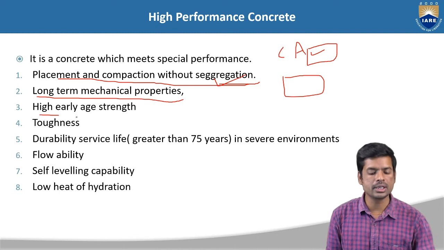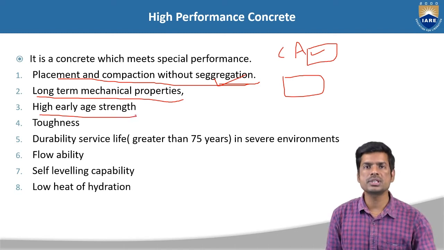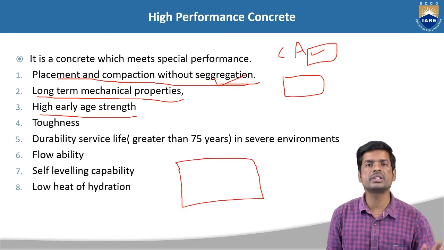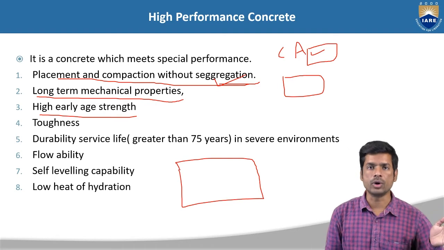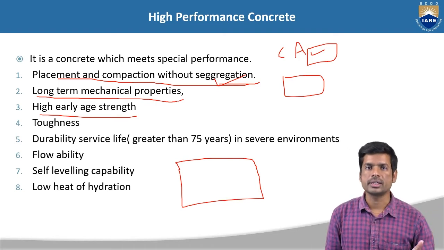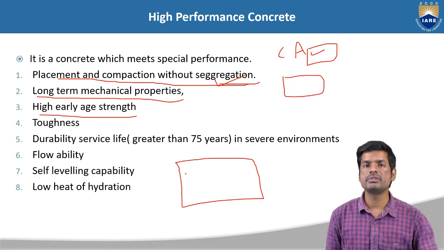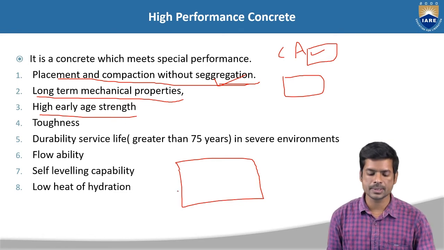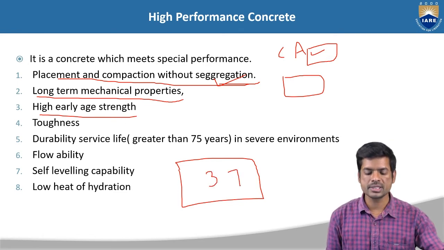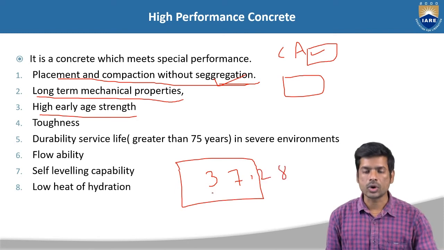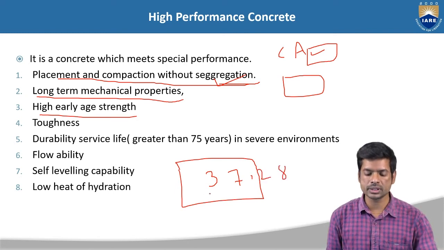And next, high early age strength. By using this high performance concrete, after casting the concrete member, within 1 day or within 3 days, the development of strength will be high in early days. Normally we check the strength at 3 days, 7 days and 28 days, right? The development of strength increases with increase in time.